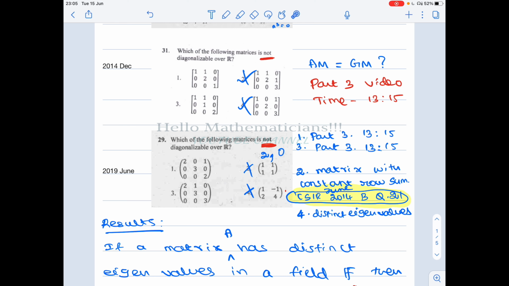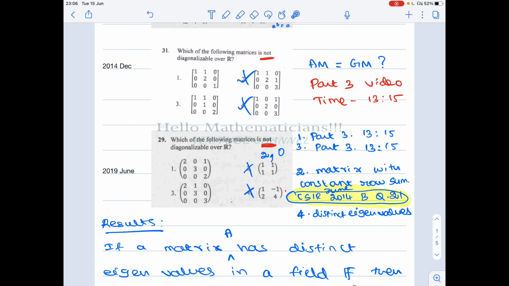In the next 2 or 3 videos also, we completely solve all the diagonalizability related problems asked in the CSIR exam. We keep repeatedly referring to the part 1, part 2, part 3 videos at particular times, so please go through the 3 videos on diagonalizability once clearly. Also, there are many problems solved in those videos, so it is really good to watch them.